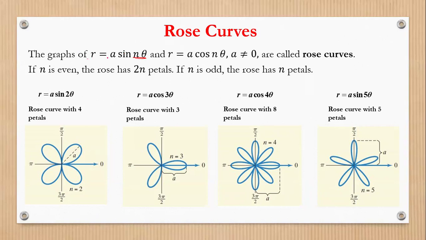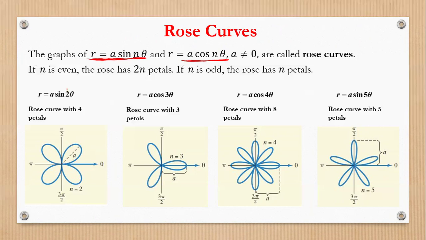If we have any equation in this form, when we plot the points and graph them, the graphs are called rose curves, because we always get a graph including some petals. And how many petals these rose curves have depends on the n.